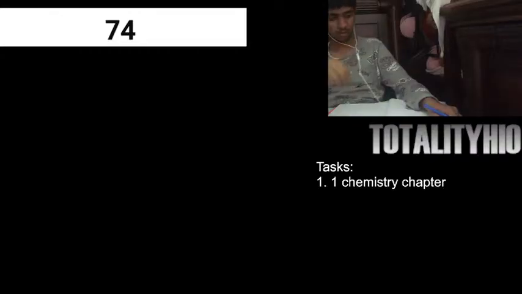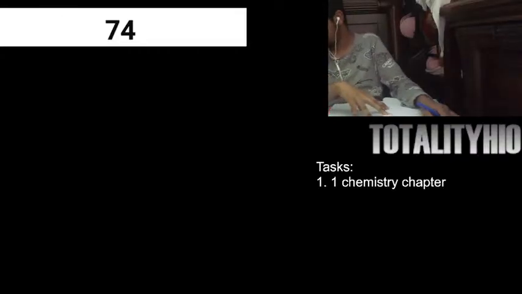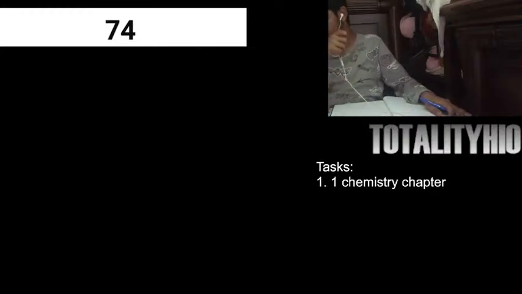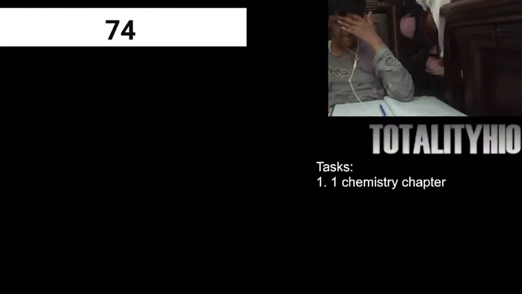Okay, factors affecting equilibrium. You and the system. Now we need to understand Le Chatelier's principle. If we increase the product concentration, the reaction should go backwards to attain equilibrium.